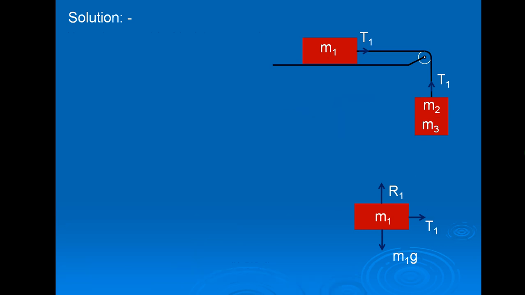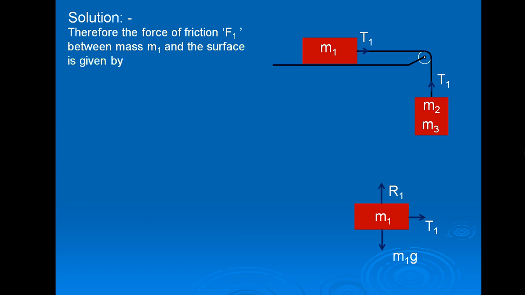Therefore the force of friction F1 between the block of mass m1 and the level surface is given by F1 is equal to mu R1.